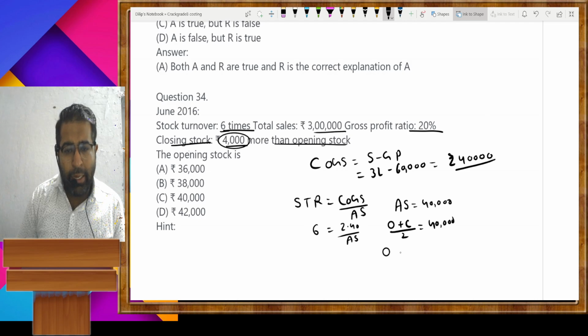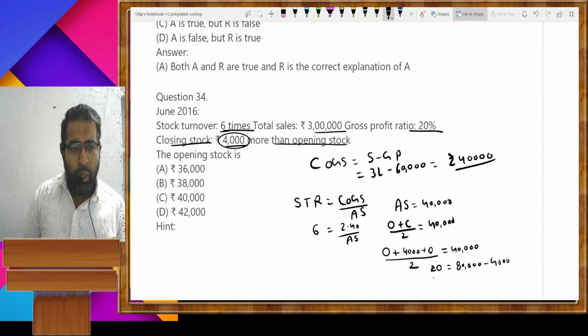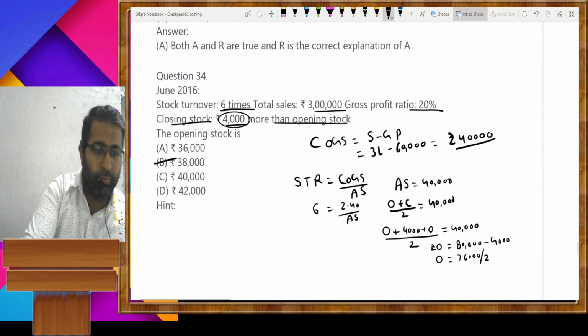So if we talk about closing, opening plus 4,000 plus opening divided by 2 is 40,000. So 2 opening equals 80,000 minus 4,000. So opening is 76,000 divided by 2, 38,000 is the answer.